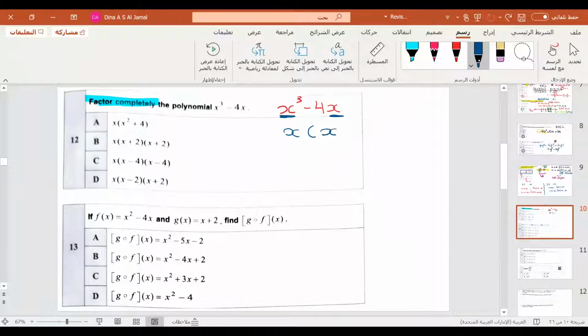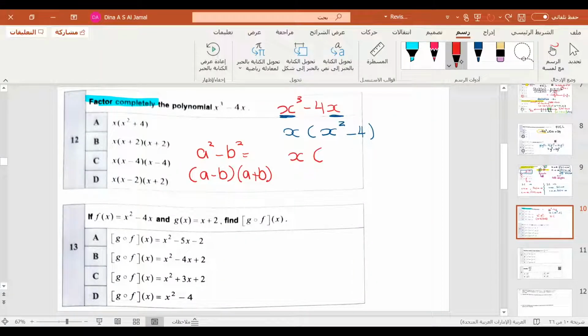Now I'm having x squared minus 4. Doesn't this remind you of a squared minus b squared, which is a minus b, a plus b? So you can take the square root of this, the square root of this, so it will be x minus 2, x plus 2. And this will be your option D.